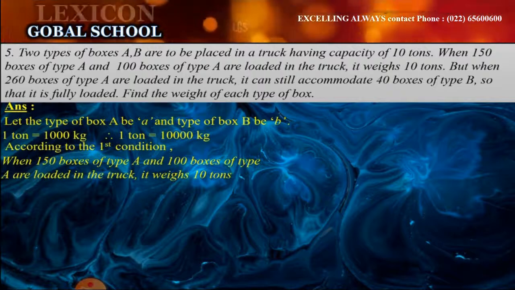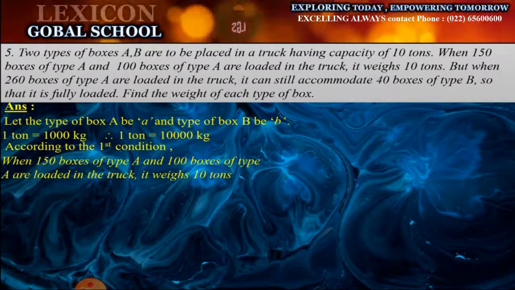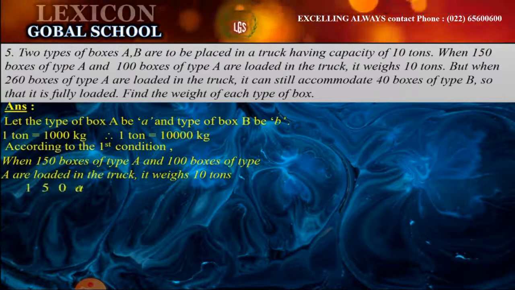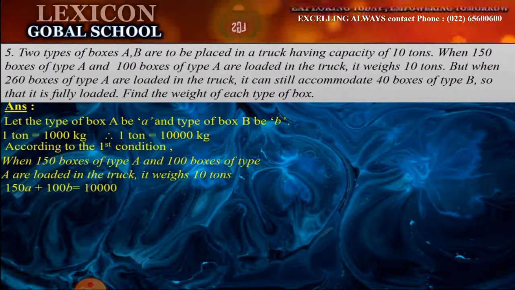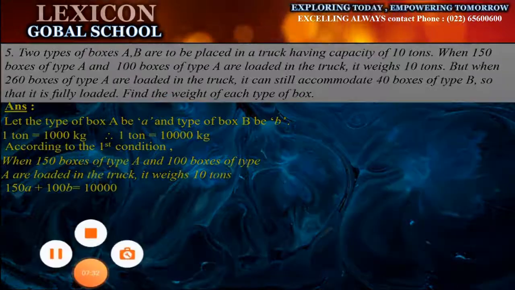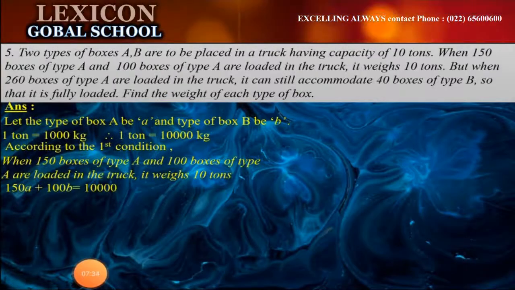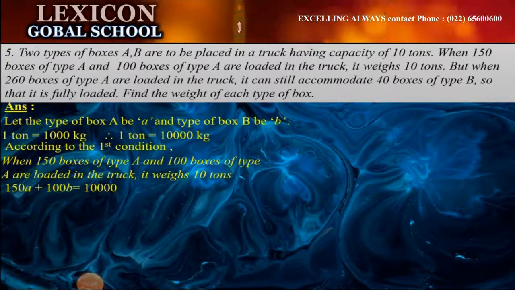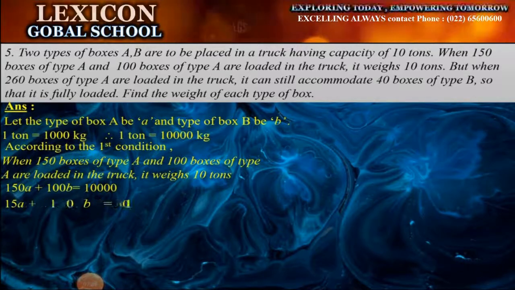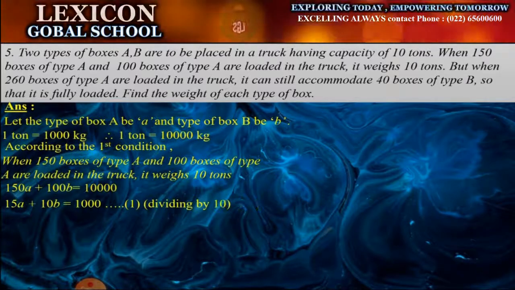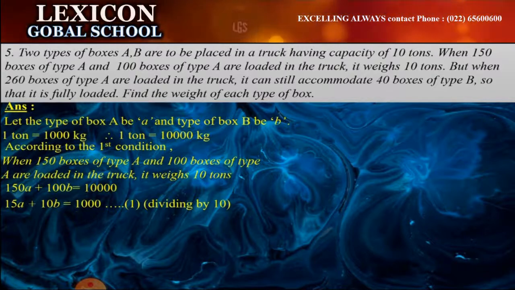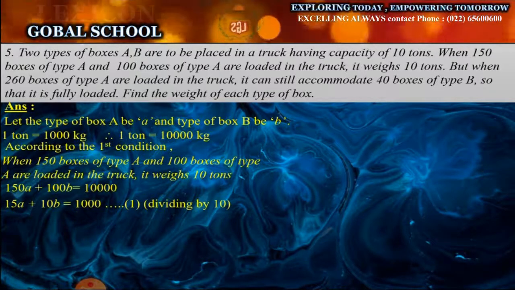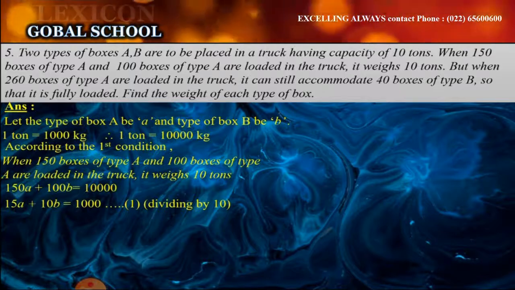It weighs 10 tons. Therefore, 150A plus 100B equals 10,000 kg. Let us divide this equation by 10. 15A plus 10B is equal to 1000. This is equation number 1.